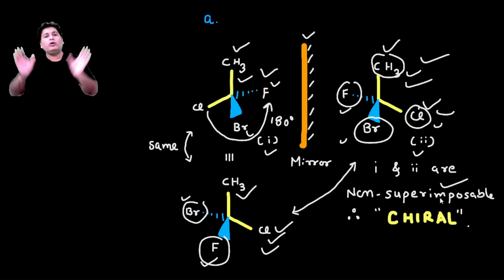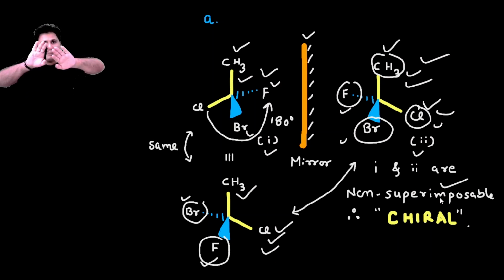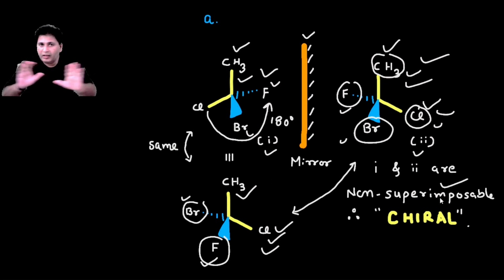The enantiomers or optical isomers come under the category of stereoisomers. So the two mirror images, if they are non-superimposable on each other, we call them separate isomers of each other, and the name of the isomerism is optical isomerism or enantiomerism. These two are optical isomers, enantiomers of each other.